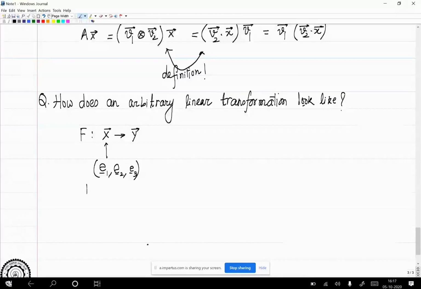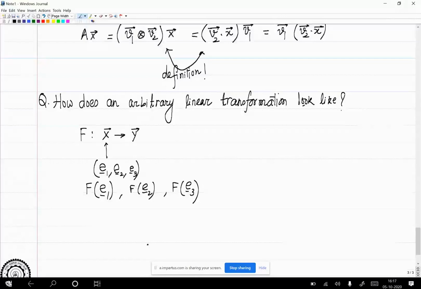So if you know what is f of E1, what is f of E2, and what is f of E3, then you can know what is f for any arbitrary vector x.